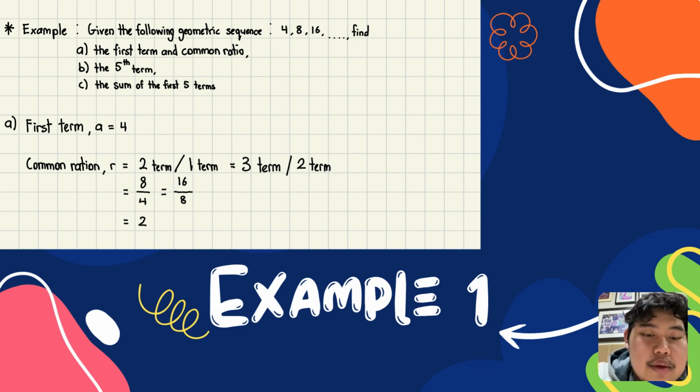For the fifth term, we change n to 5, so T5 equals 4, because our A, the first term, is 4, and our common ratio R is 2, because after dividing we got 2.